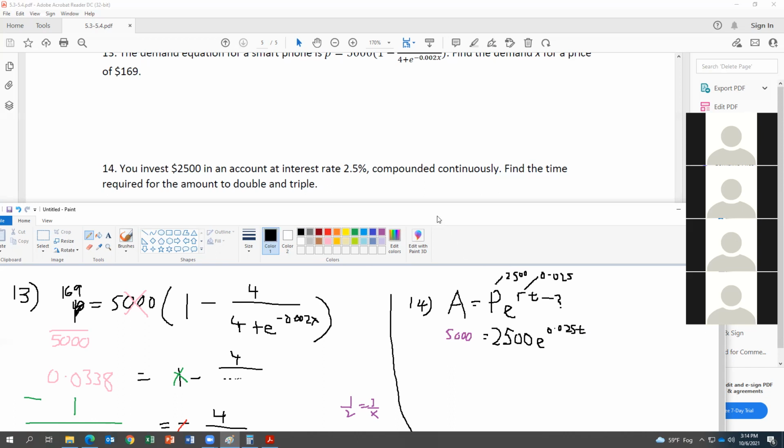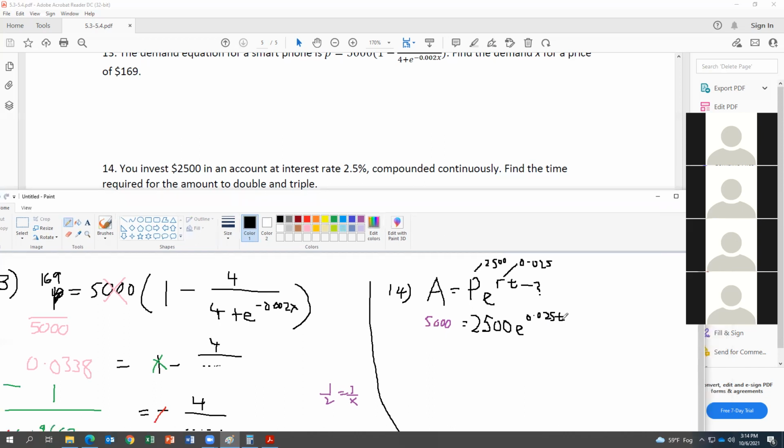So does anyone here know how to solve for t in this case? Split double. What's the first thing you do? Divide by 2,500. Anyone know what's 5,000 divided by 2,500? 2. Then e to the 0.025t.